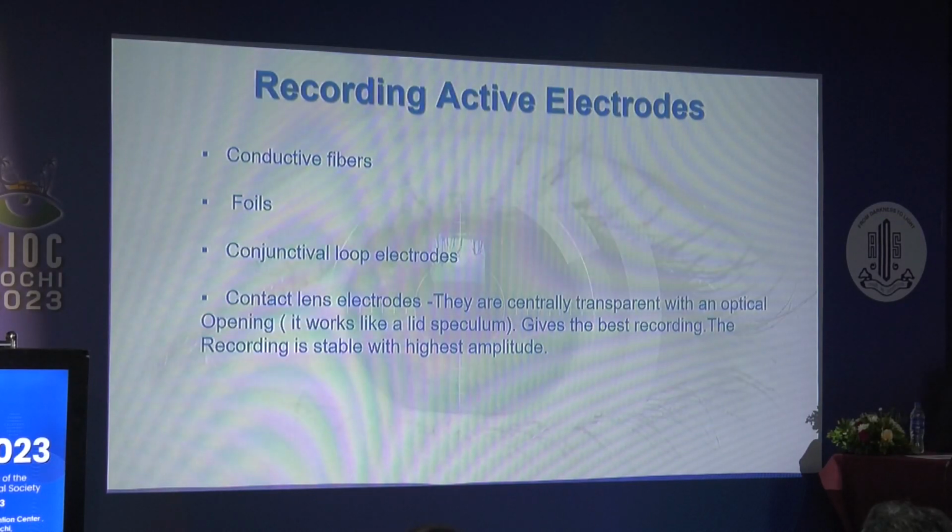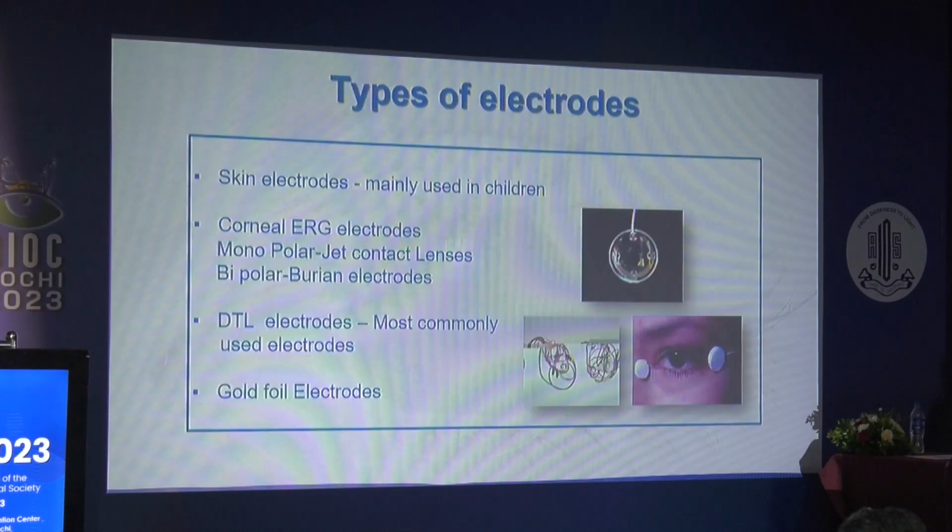Now, recording by active electrodes can be done by conductive fibers, foils, conjunctival loop electrodes. Then we have contact lens electrodes, which are centrally transparent with an optical opening, and it just works like a lid speculum. It gives the best recording, and even the recording is stable with the highest amplitude.